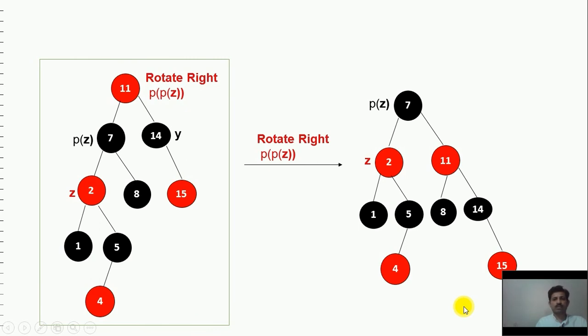So when we perform rotate right of PPZ, this 11, 14 and 15 will be placed at the right side of 7, and because we know that 8 is less than 11, 8 will be placed at the left side of 11. So these are all three cases where we can learn how these cases occur and how we get the balanced tree.